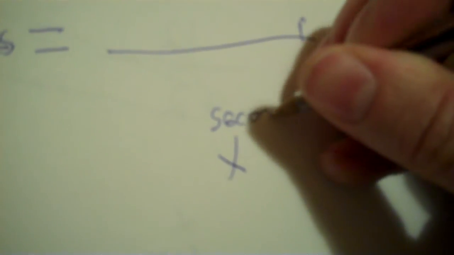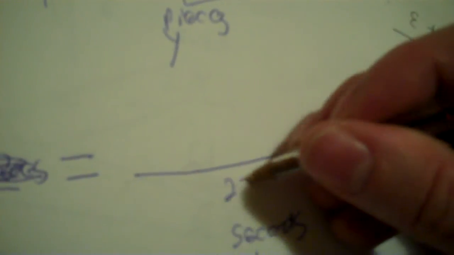Okay, so Y, Y, X, X. So pieces is Y. Here, don't put the label, just put it here. Pieces go on top. And then my seconds amounts go on bottom. Okay, 10 seconds, 8 pieces. 2,700 seconds.